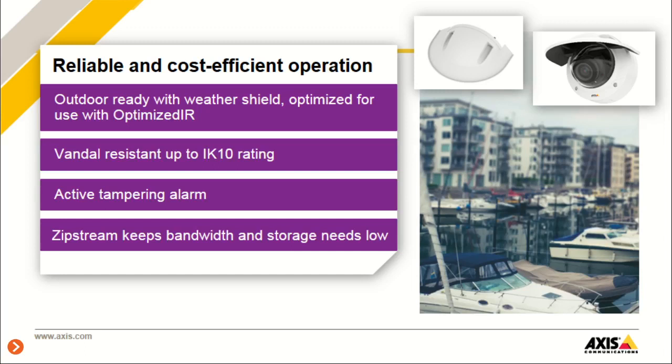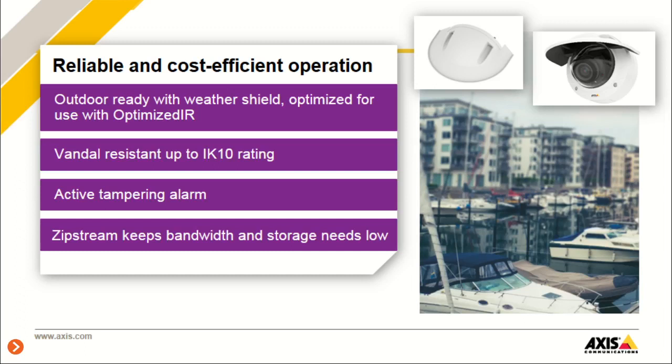So it's really important to use this on an outdoor model. Our outdoor models are all IK10 rated. So again, they are vandal resistant. For the indoor models, there's an IK08 rating to be precise.